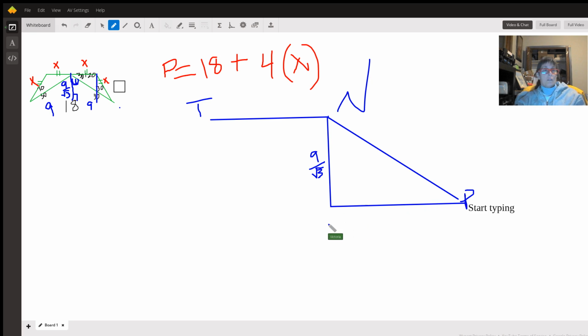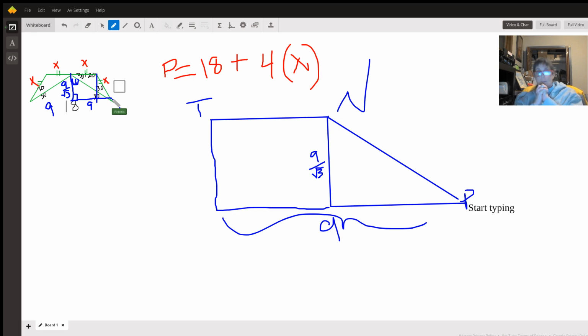Okay. I would have to go all the way here from T over to P to get that this whole thing is 9, right? That's this dimension right here. But that's not what I'm interested in, because P here is a 60-degree angle, right?